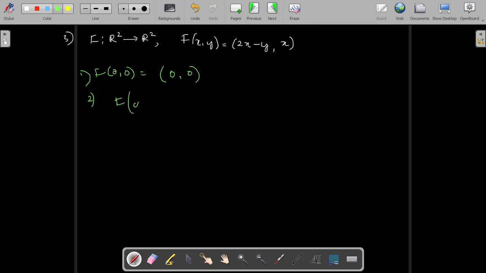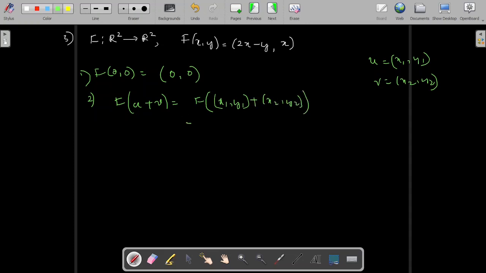So f of u plus v equals f of, you take u as (x1, y1) because these are vectors from R square, and v as (x2, y2). So (x1, y1) plus (x2, y2). I am proving it for the general case, so you need to do it like this: f of (x1 plus x2, y1 plus y2), where this goes to, after applying the transformation, (2 times (x1 plus x2) minus (y1 plus y2), x1 plus x2).